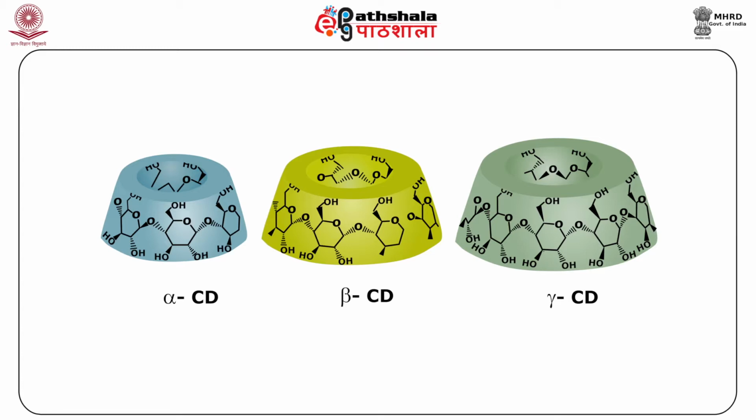After the discovery of gamma cyclodextrin, it was understood that alpha, beta and gamma cyclodextrin simply differ by the number of glucopyranose units in these cycles. Alpha has 6 glucopyranose units, beta has 7, and gamma has 8. After the discovery of gamma cyclodextrin in 1935, Freudenberg and Kramer suggested the existence of larger cyclodextrins, that means larger than gamma cyclodextrin.